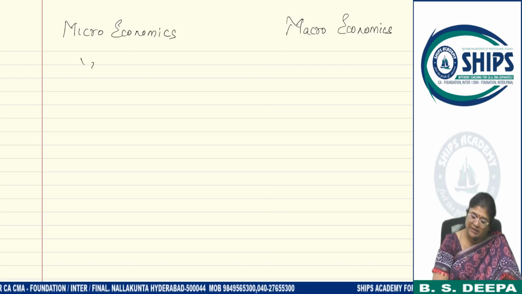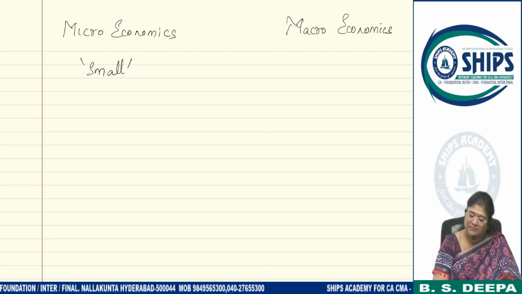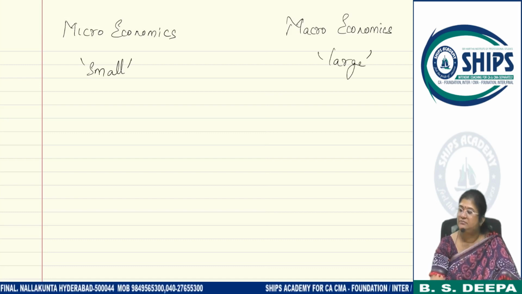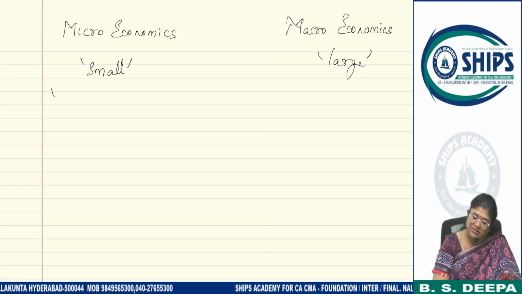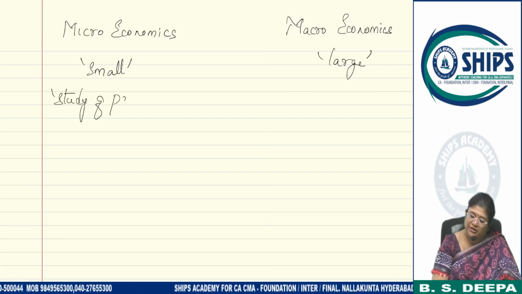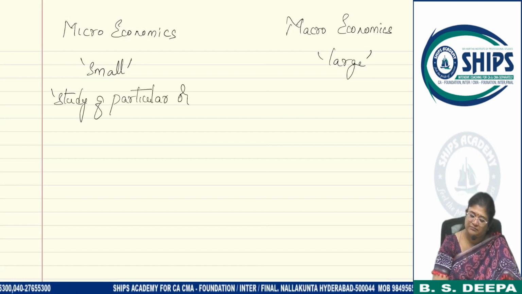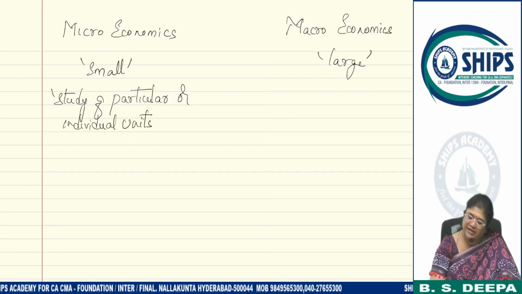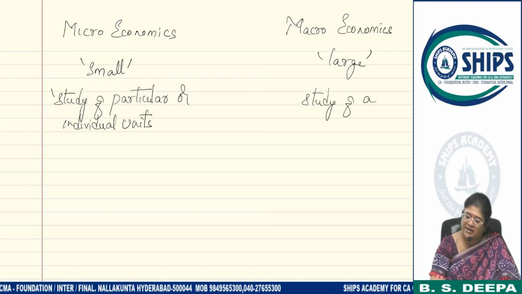So small, that is what micro means. Whereas this means large. Now this is study of particular or individual units. Whereas here you find it is a study of aggregates.